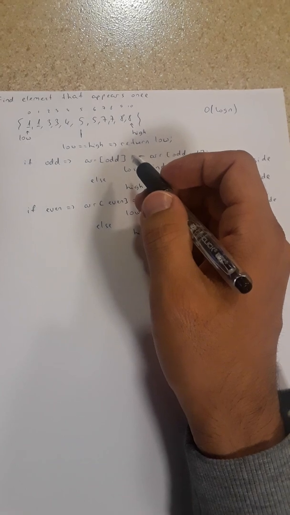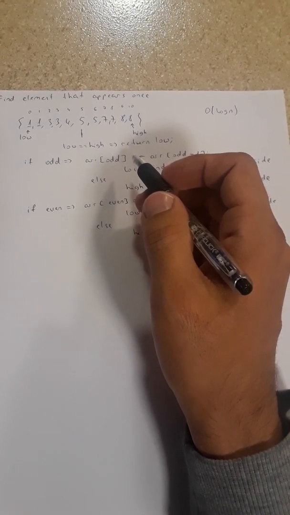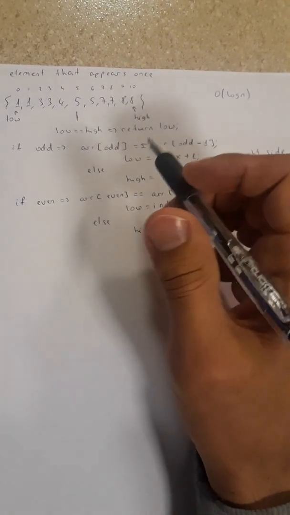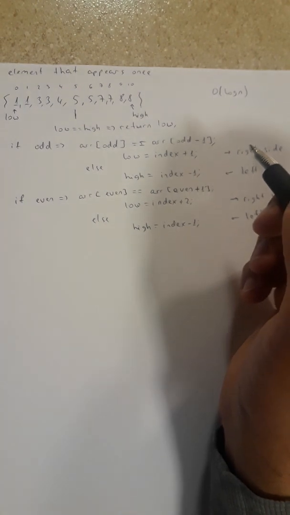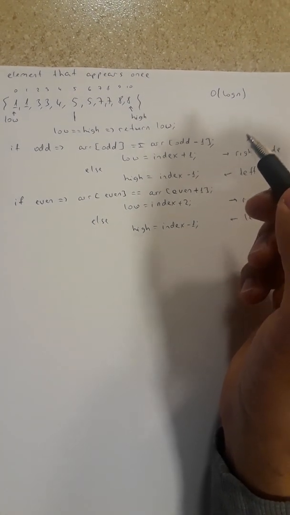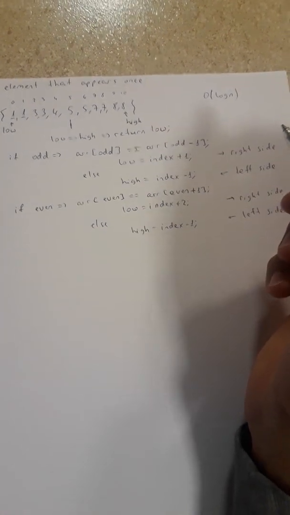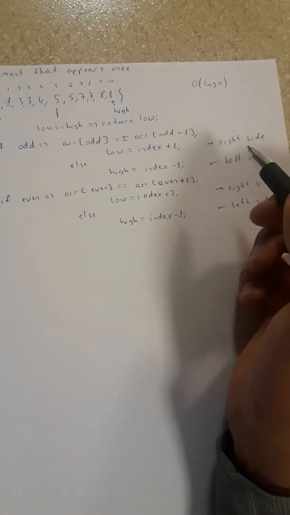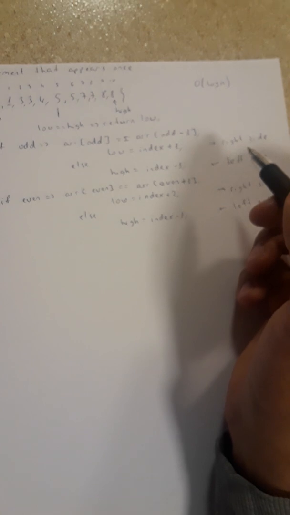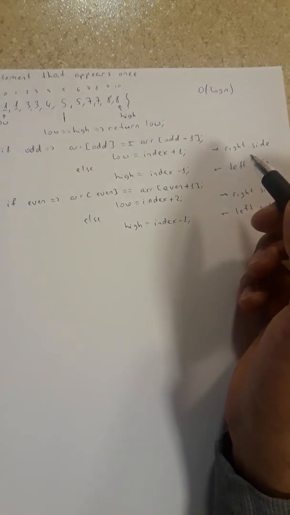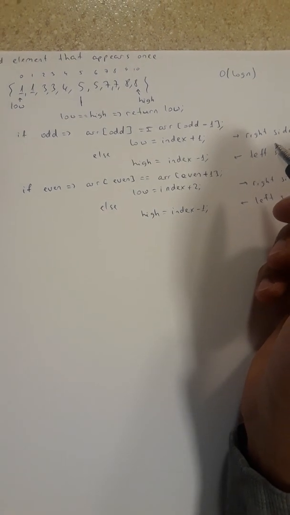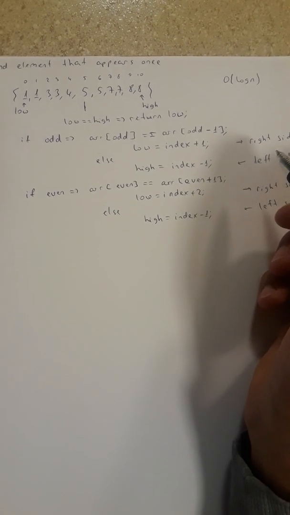And since all elements appear twice, during our search we always have to compare with the element that is next to the element that we're pointing at, making sure if the order is broken or not.